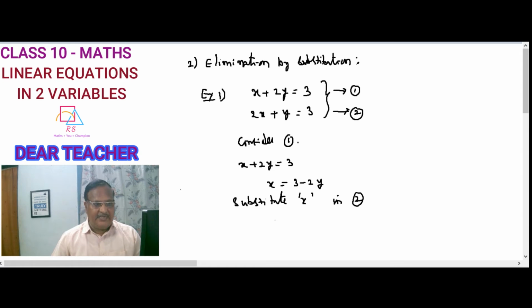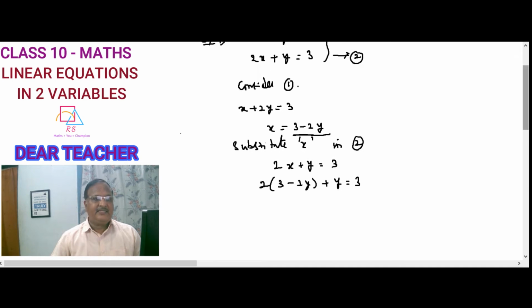The second equation is 2x plus y is equal to 3. In the place of x, I should write 3 minus 2y. So x got eliminated and you write the remaining things. Now finally we have only one variable, y. It is a simple linear equation in one variable.